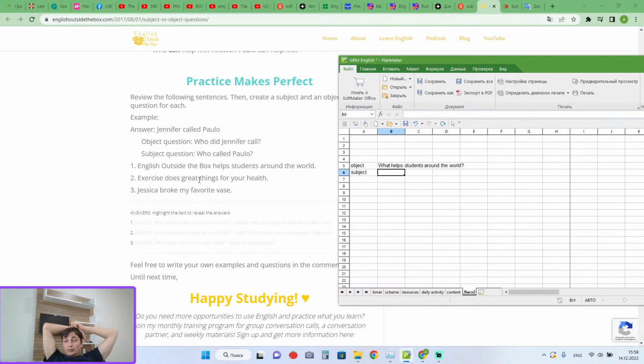Helps is the verb. Students around the world.